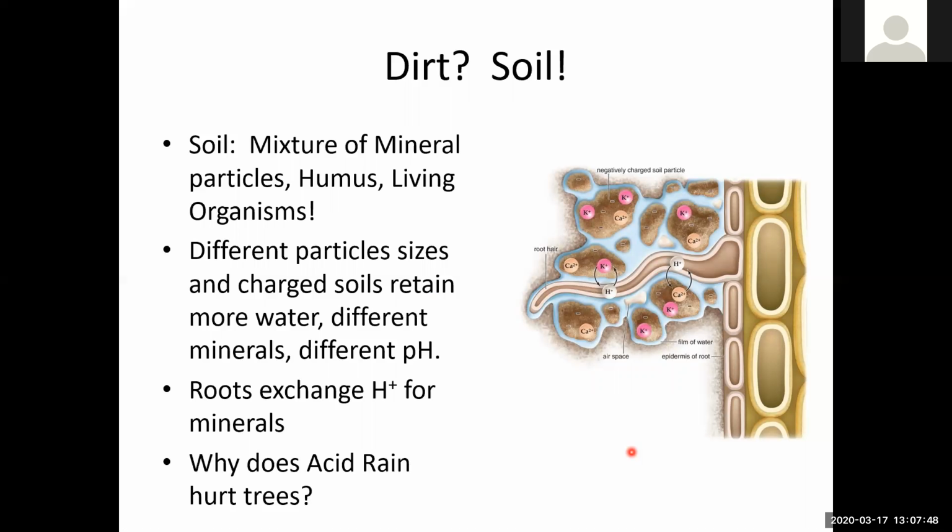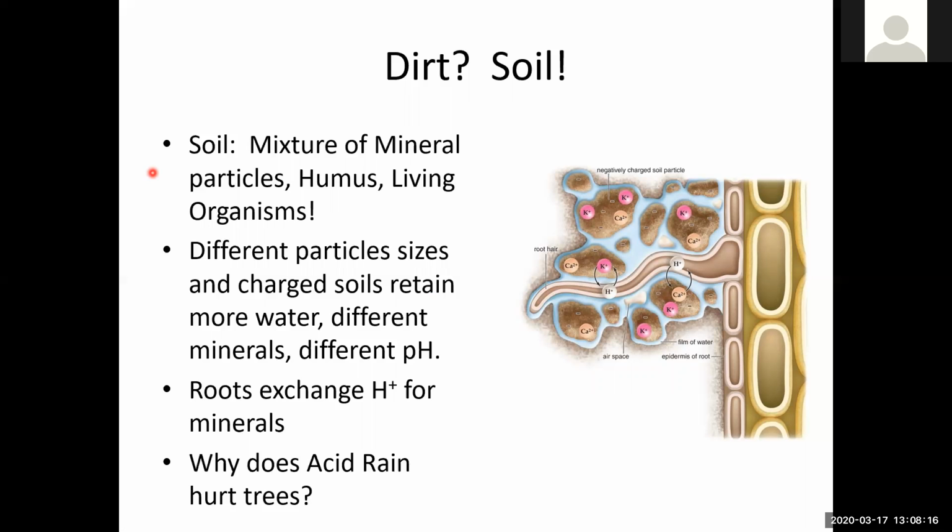Now, a lot of people think that the soil that the roots are in is, well, icky. And really, it's a fascinating area. And especially if you talk to Dr. Angela Ebling, she talks about soil a lot in her environmental science classes and her environmental science major. But if you look at soil, really look at it, it has minerals, it has something called humus, which is partially broken down organic material. It has a lot of living creatures in it.